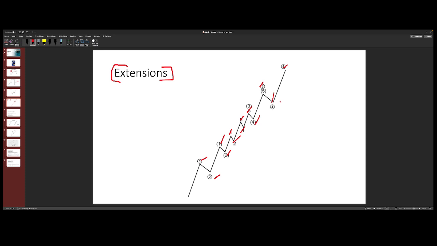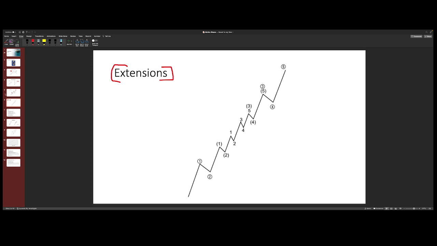Actually, 13, sorry about that. So 13 waves in total. You would add the first 1, 2, 3, 4, and then the internals will additionally be another 5, including the 1, 2, and the 3 and 4. So when this happens, you see crazy price action. So this is another variation of the impulse.